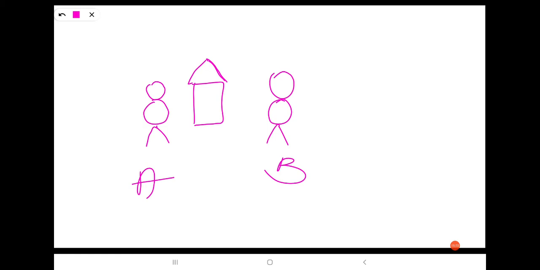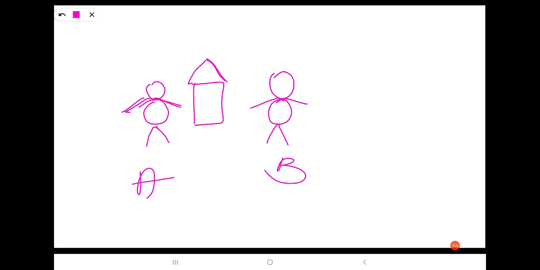Person A will say that it is on his left side. So the position of the house is left to person A. If we ask the same question to person B, what will he say? He will say that the house is on the right side.